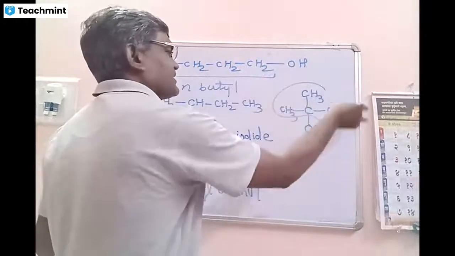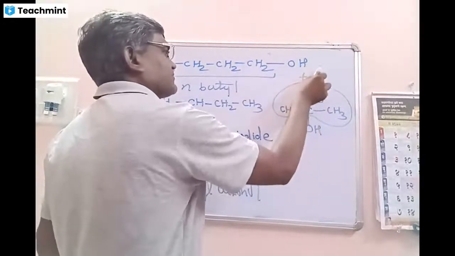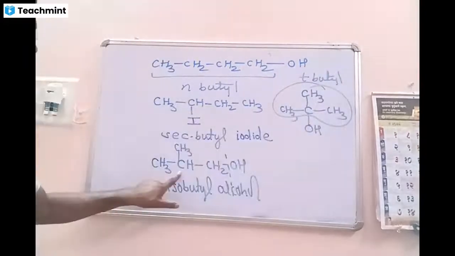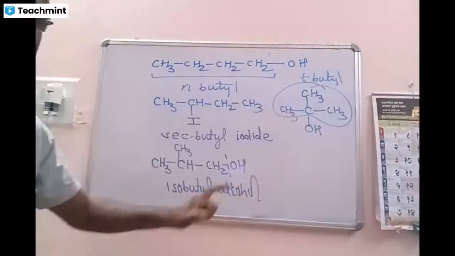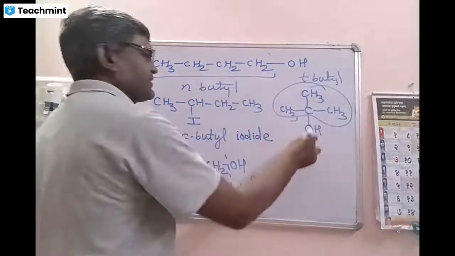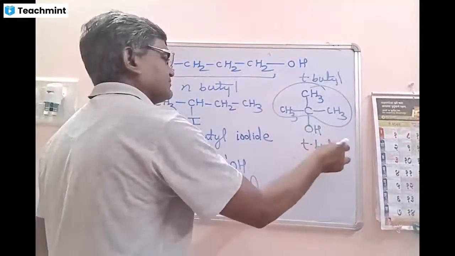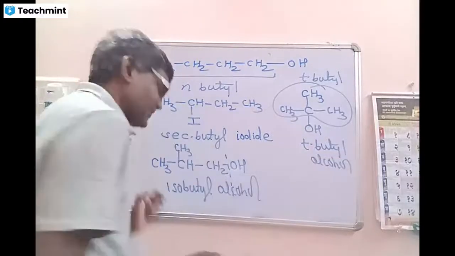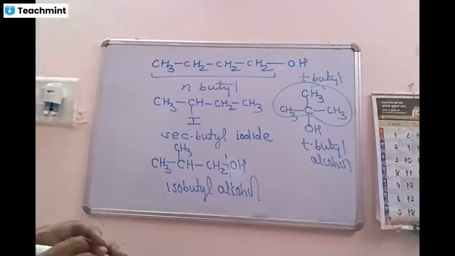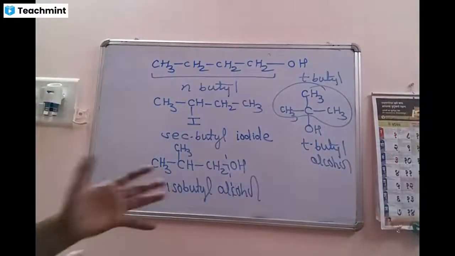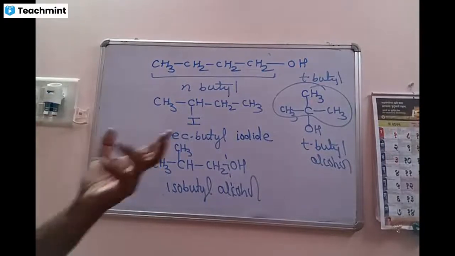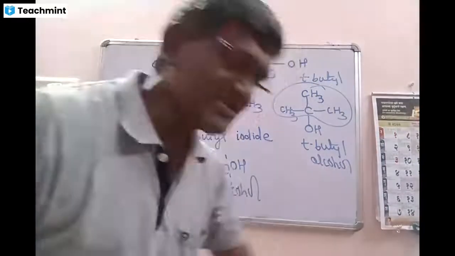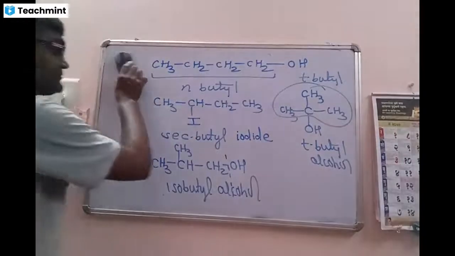So this particularly is known as tertiary butyl. See what is the difference? यहाँ पे CH है, यहाँ पे C है. That is the difference. So this one is the third butyl alcohol. So everything जो हम कल से कर रहे हैं, that is based on the 8 alkyl groups and 4 to 5 functional groups, right?